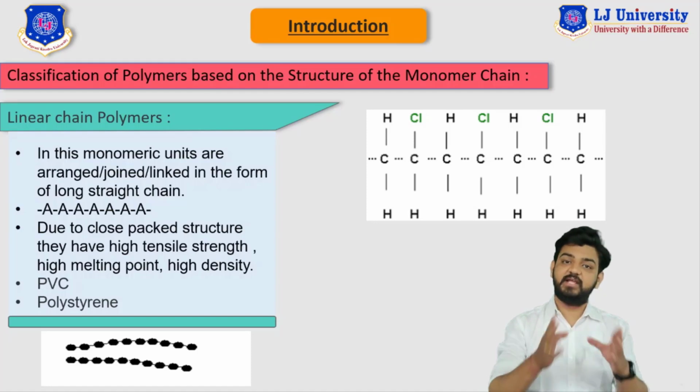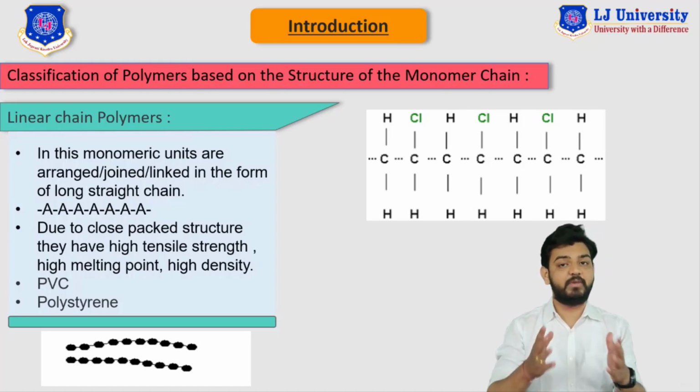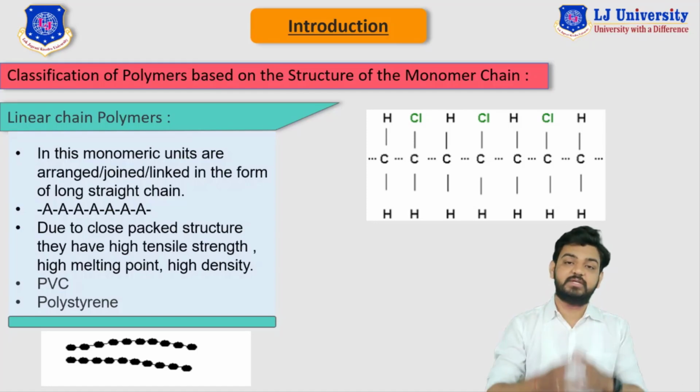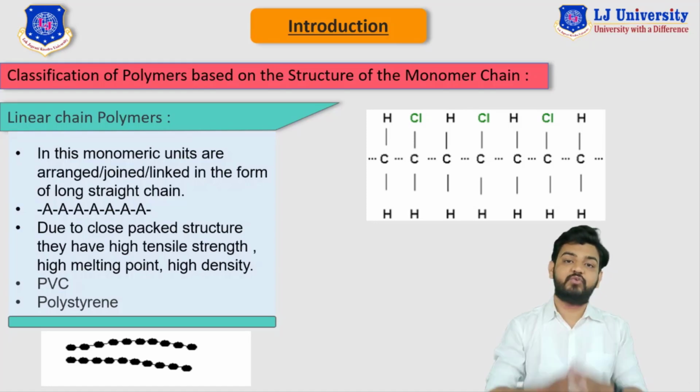Now, having said that, let me quickly revise this whole lecture. We started with a small introduction to polymers, and then we quickly moved to the classification of polymers. We have seen that polymers can be classified in a number of ways: classification based on the source, then classification based on the long chain of the monomer, then classification based on the force of bonding, then classification based on the functionality of the monomer.